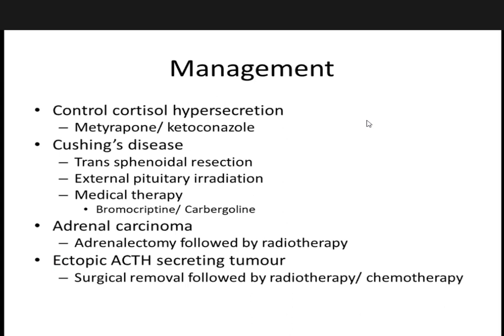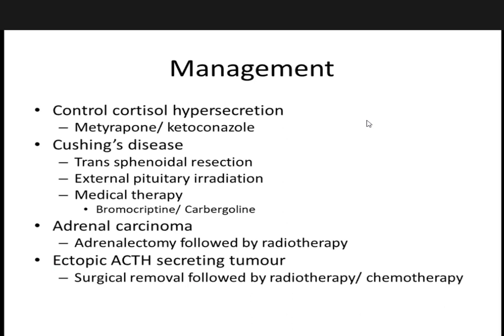So if it is due to Cushing's disease, like a pituitary tumor, then we can arrange transsphenoidal resection, or they can be managed with external pituitary radiation, right? Medical therapy with medications like bromocriptine, right? And particularly in patients with adrenal carcinoma, we can go ahead and surgically remove the adrenal glands followed by radiotherapy.